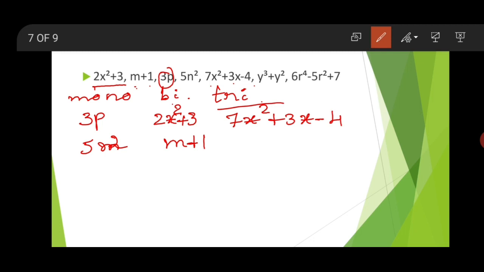Then y cube plus y square. It contains how many terms? So it is a binomial. Lastly, 6r power 4 minus 5r square plus 7. It contains 3 terms, so it is also a trinomial.